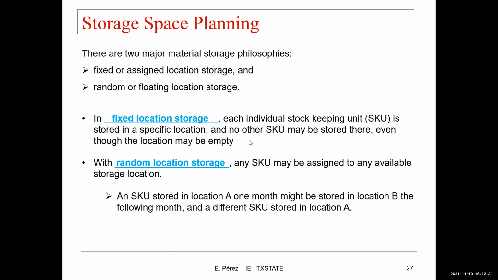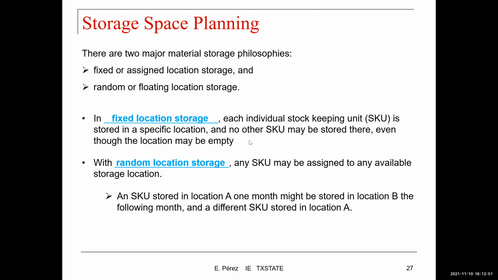If you are an order picker and you have to put together an order, which one do you think will be better? Fixed location, right? Because you know that the items will not change location. So if you are familiar with the location of the items, you know where to go to pick those items.